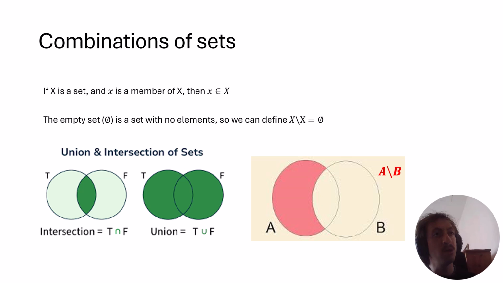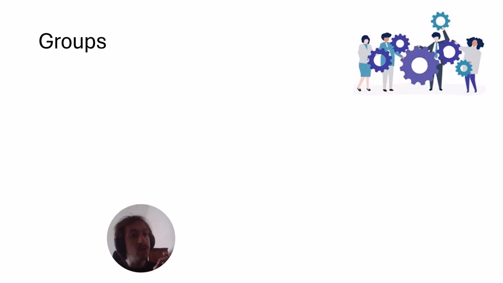But now we're going to look at how we can add restrictions to a set and add restrictions to an operation which combines elements in a set together to get another element in the set. And those restrictions will lead us to the definition of a group. So a group is a very special kind of set in conjunction with a very special kind of operation.